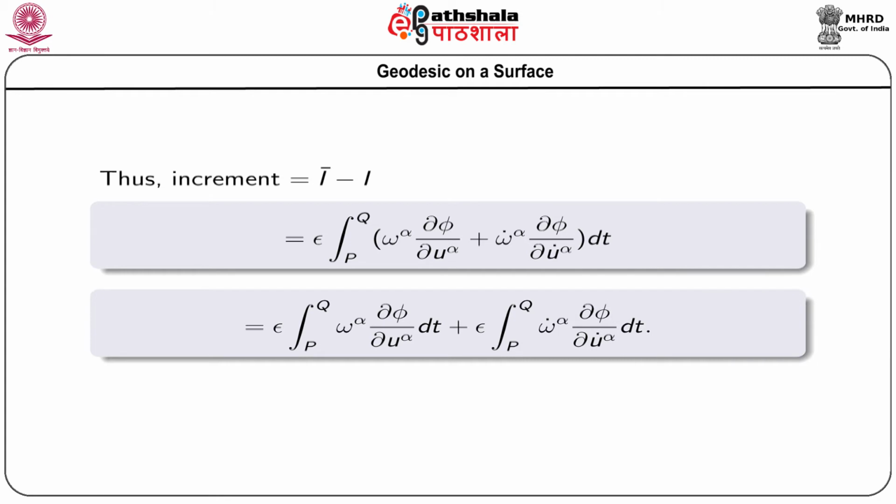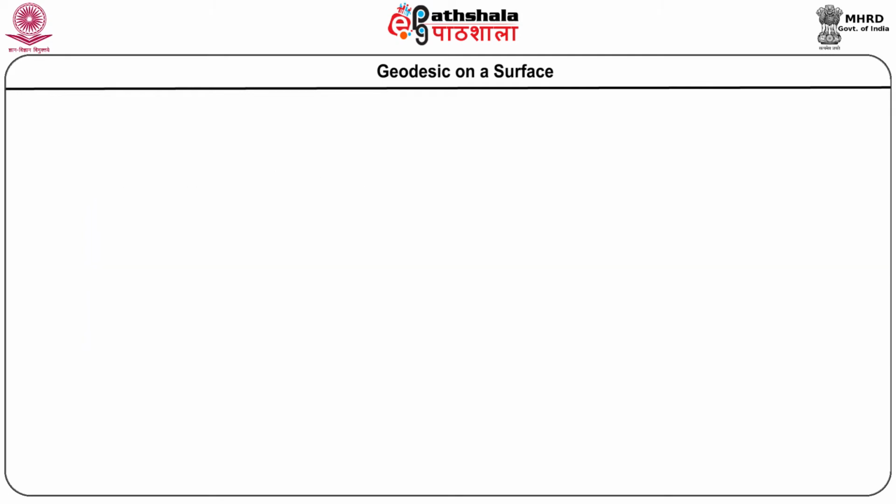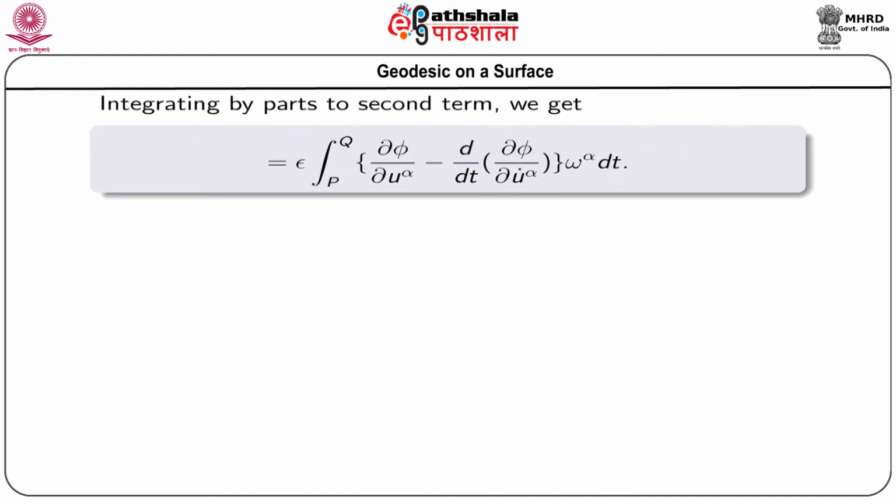If we break the bracket, we get this term. Now, integrating the second term by parts and simplifying a little, we get ε times the integral from P to Q of (∂φ/∂u^α − d/dt(∂φ/∂u̇^α)) ω^α dt.